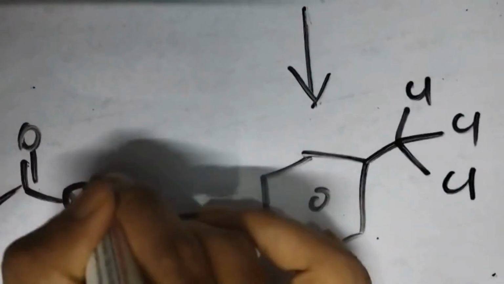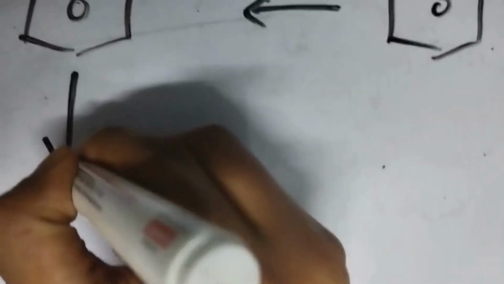So we have got an intermediate benzoic acid, and the benzoic acid is further reacted with LiAlH4 followed by hydrolysis, so we get benzyl alcohol. The entire carboxylic acid is reduced to alcohol because LiAlH4 is a strong reducing agent, followed by acidic hydrolysis.